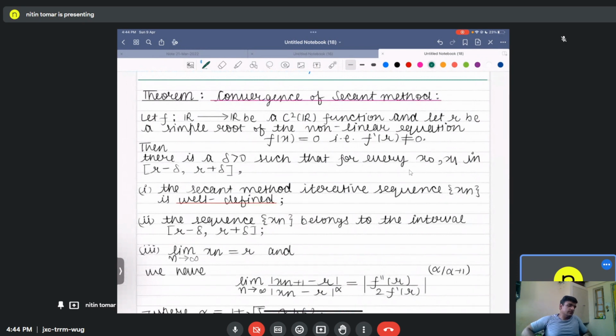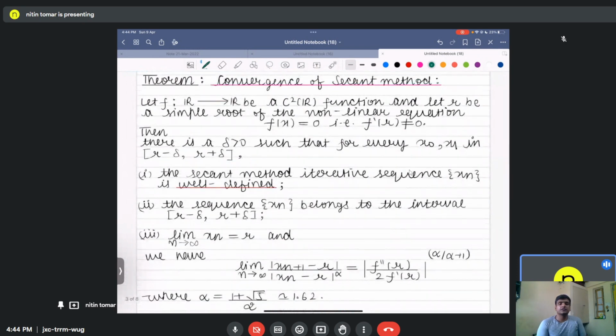And see, the point is this convergence theorem assumes certain things. For example, the function that you're working with should be C2, that is, a continuously twice differentiable function, and any root of f should be a simple root.